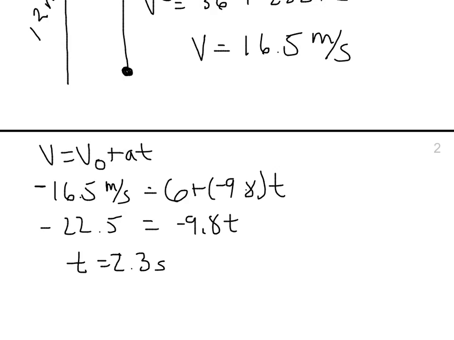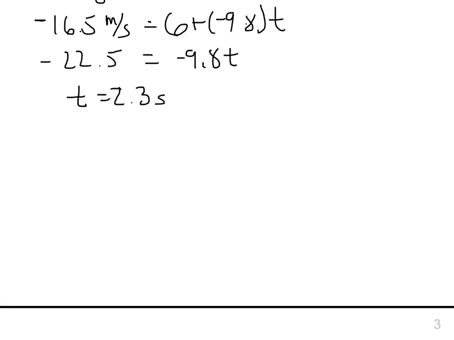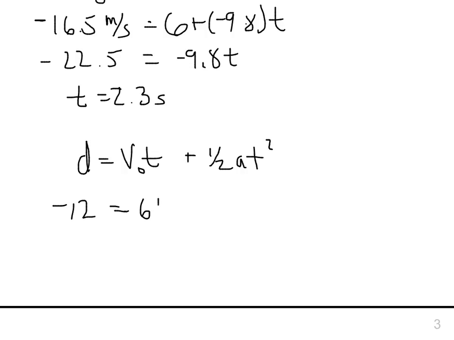If you tried to get time first and you ended up using the quadratic equation, you could do something like this. I know that D equals V naught T plus 1/2 AT squared. So this would be negative 12 equals 6T plus 1/2 negative 9.8 T squared.